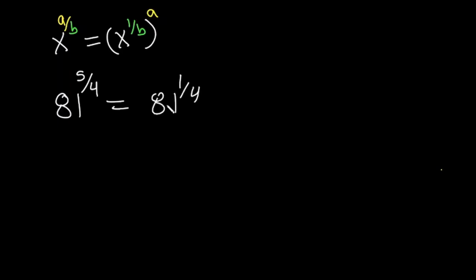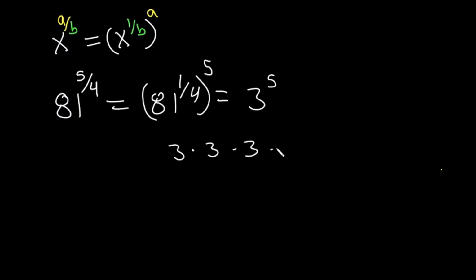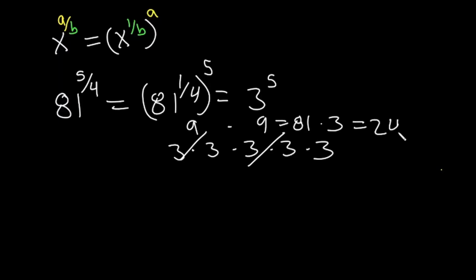So the fourth root of 81 is equal to 3. 3 raised to the 5th power, well, let's see. It would be 3 times 3 times 3, you get the point. So it would be 9 times 9, which is 81, times 3. So 3 times 80 is 240, 3 times 1 is 3, you get 243.